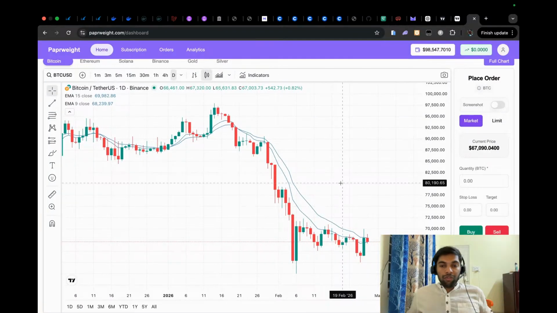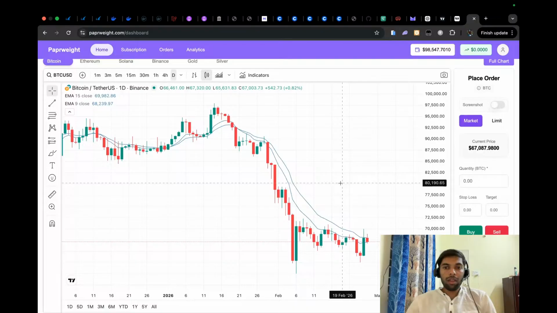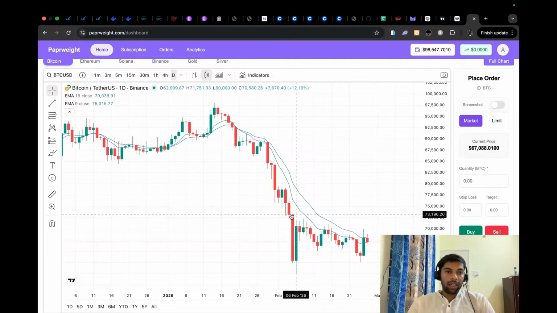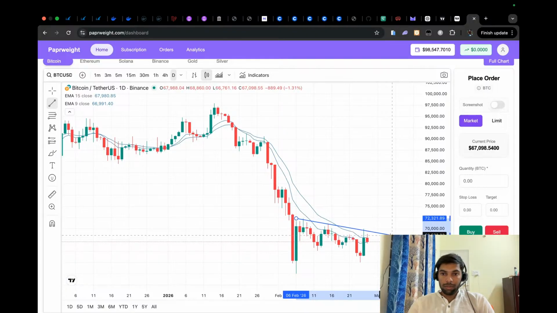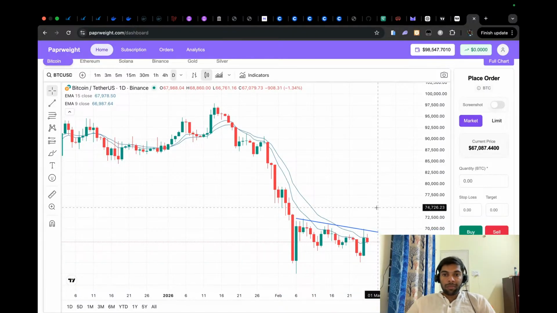In the daily time frame, I'm able to see that the market is in lower lows. Actually, these are the actual lower lows, but for some past couple of days it is also following this upper trend line, right?